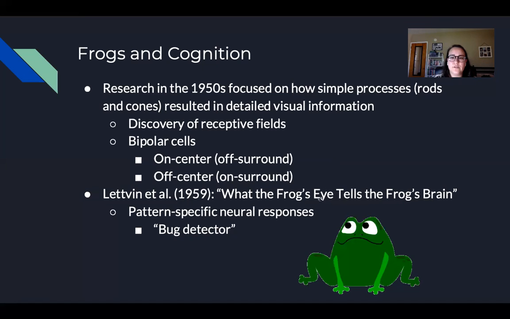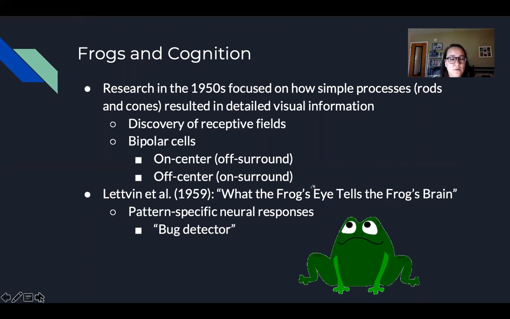And so this research not only told us that there are certain patterns that our neurons will respond to, but that the patterns seem to be tied to the specifics of that organism. So again, this bug detector, frogs primarily eat insects, and so it makes sense that they would have neurons that were specially adapted towards being able to see and track insects.